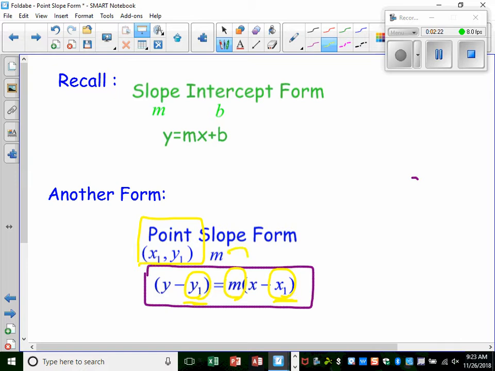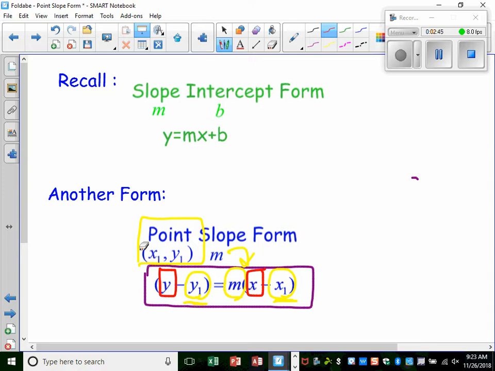And then the slope obviously is m. Okay, that will go there. These two things right here will remain stationary. That means they are not going to move. Okay, those two you do not fill in. They just stay in the form. And that's it.